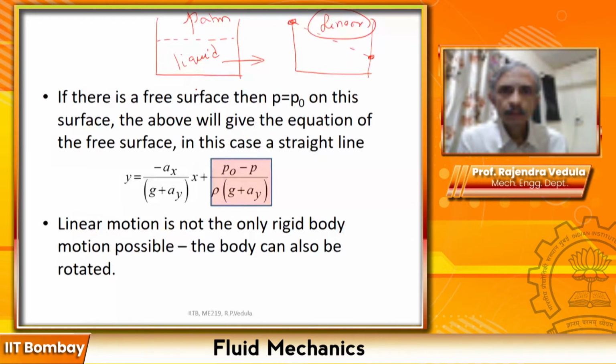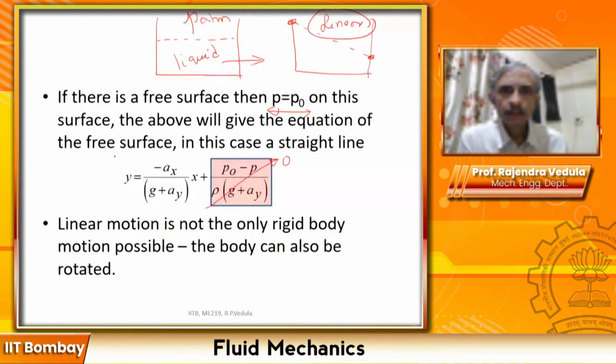If there is a free surface and P is equal to P naught, which is what is here, there is a liquid in a vessel, the vessel is accelerating, and there is atmosphere here. The math is telling me that this term, colored in red, I can easily put equal to 0 if P is equal to P0, and this term is gone.